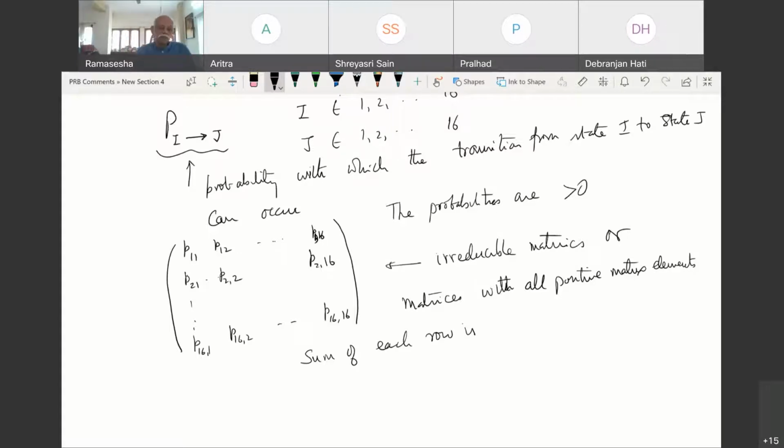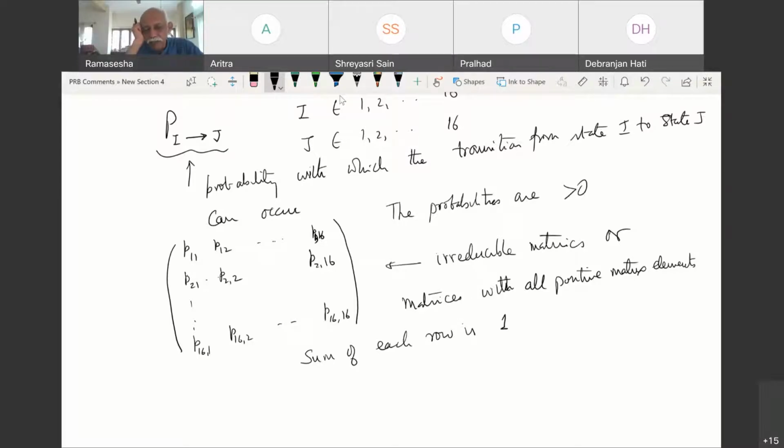See, I have 4 spins. I have 16 configurations, right? The system has to be in one of the 16 configurations, even after you make a transition. Okay, the sum of each row is 1 because these are probability matrices. So the sum of all possible probabilities is 1.